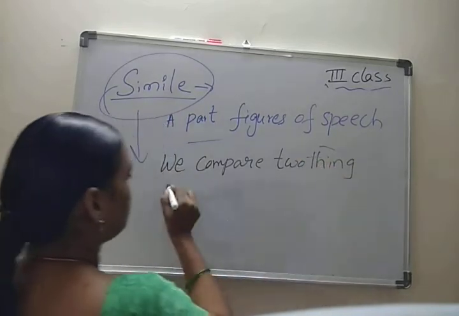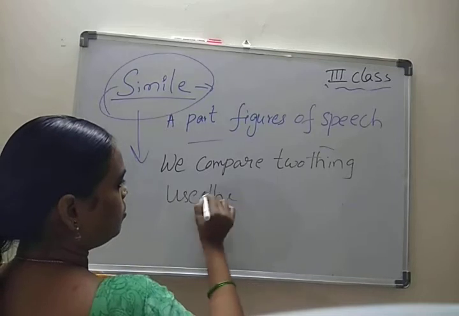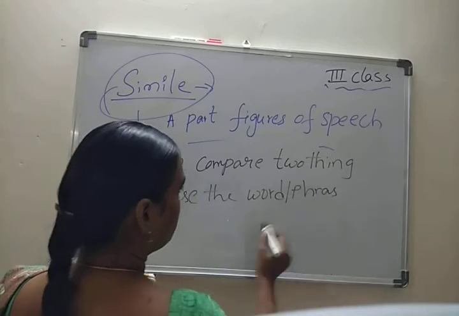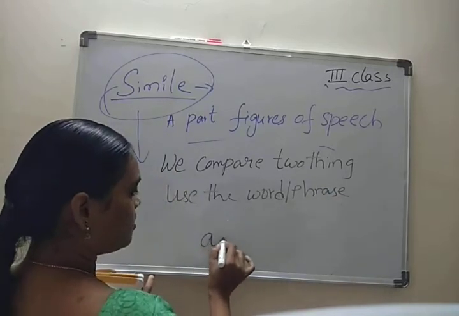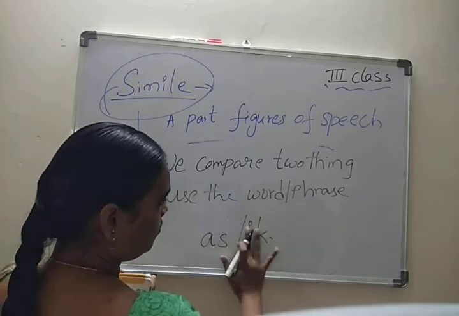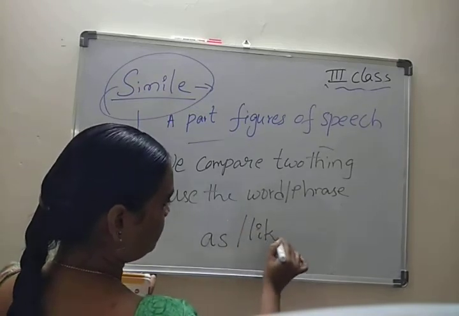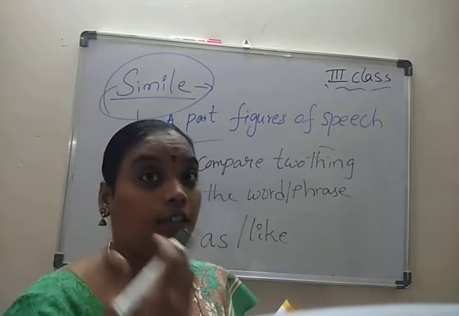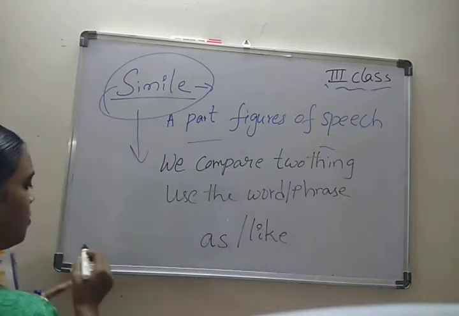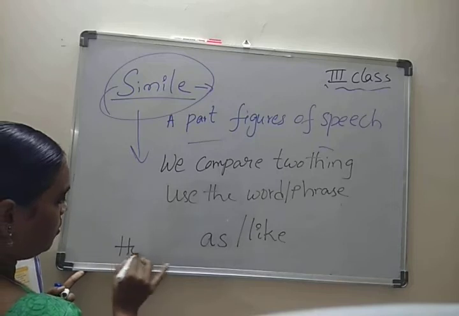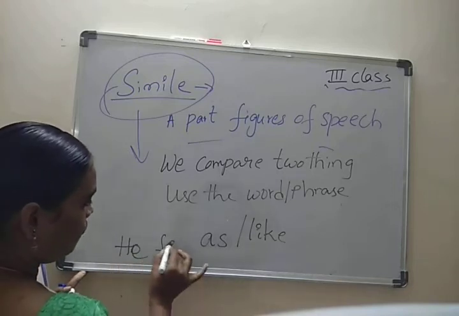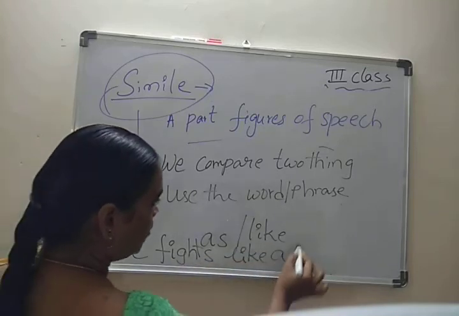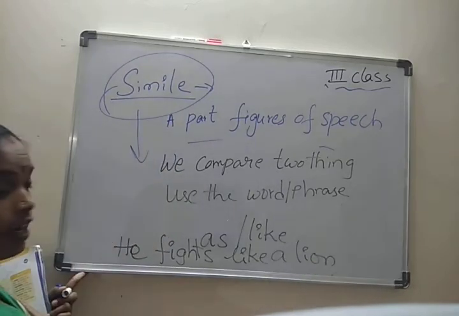We use the word or phrase as or like. So simile, how are we comparing? For example, he fights like a lion.